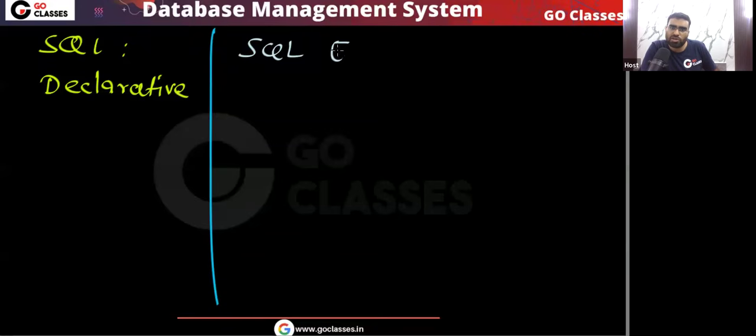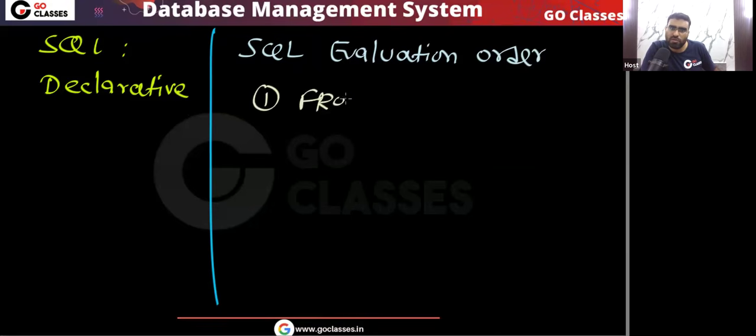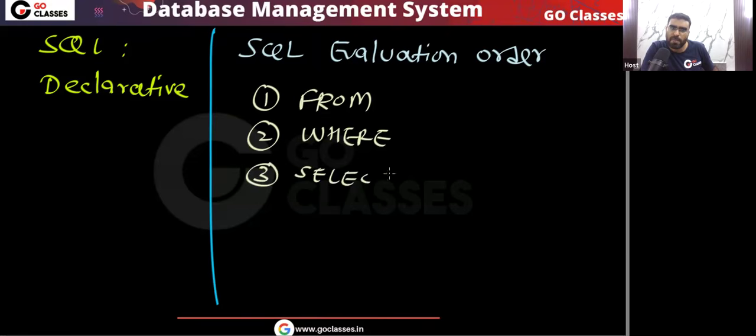On another side, you are also giving the SQL evaluation order. Do you remember the SQL evaluation order? First you do the FROM clause, then you do the WHERE clause, then you do the SELECT clause.